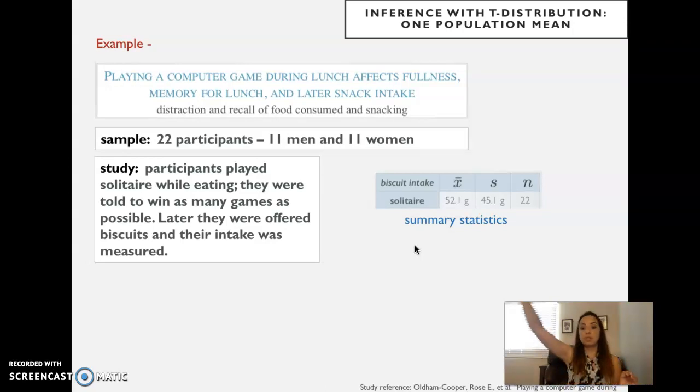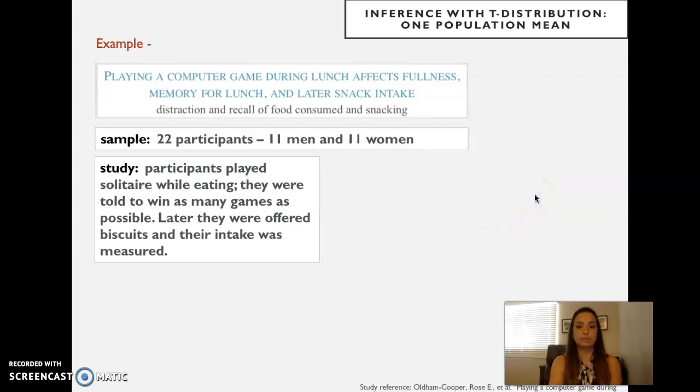There is a true average if everybody in the population were distracted and then were offered biscuits. But we're trying to estimate that true average with our sample average, the X-bar. The standard deviation of the sample was 45.1, and we looked at 22 people.